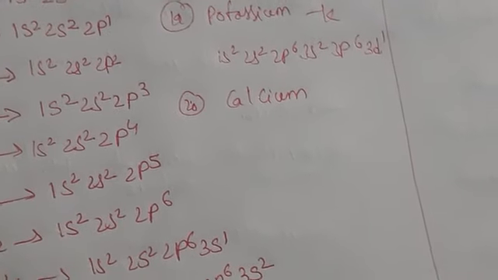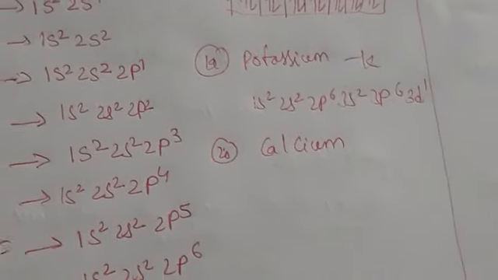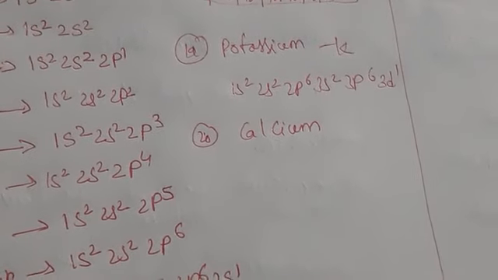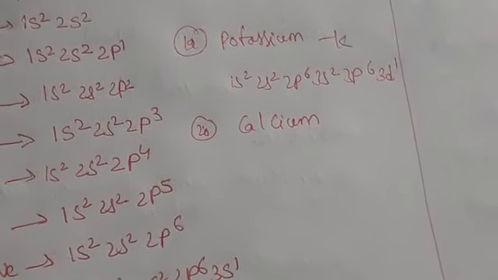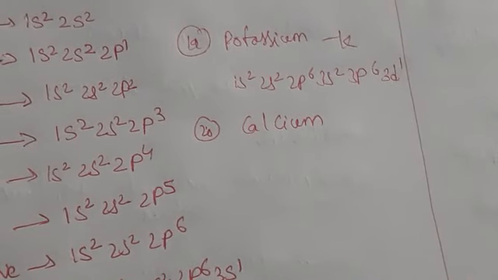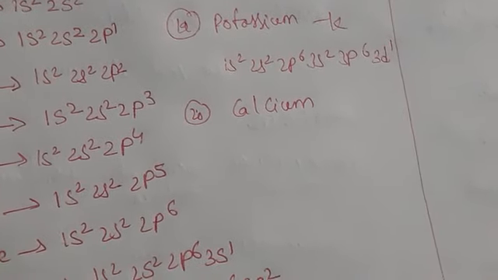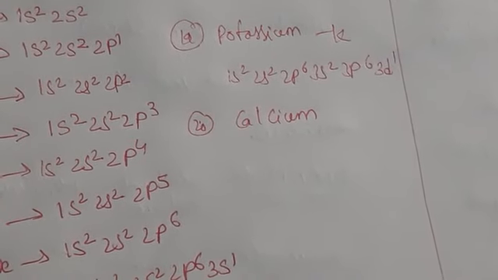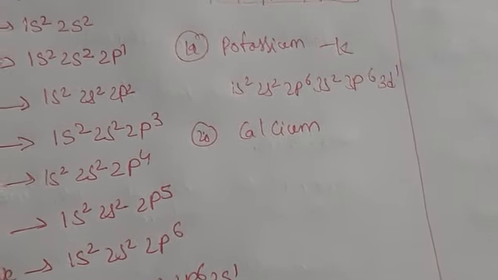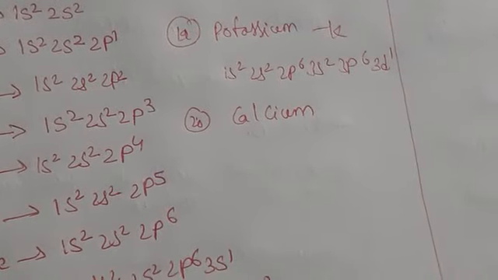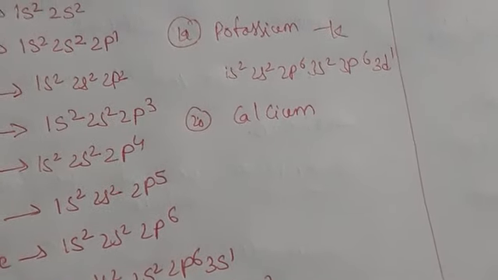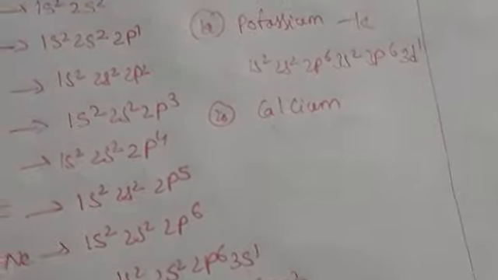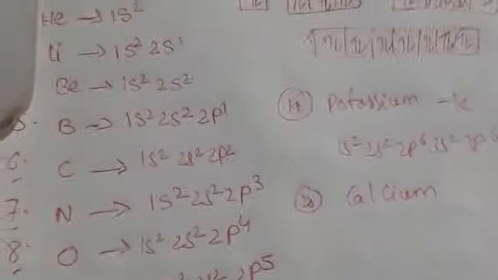According to the modern periodic table, how do we write it? We have to write the electronic configuration as 4s2, 4p6, and after that we get the 3d10.